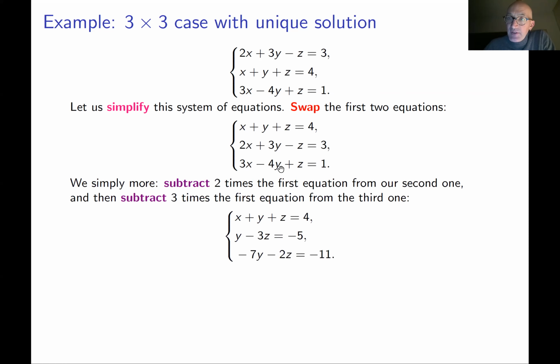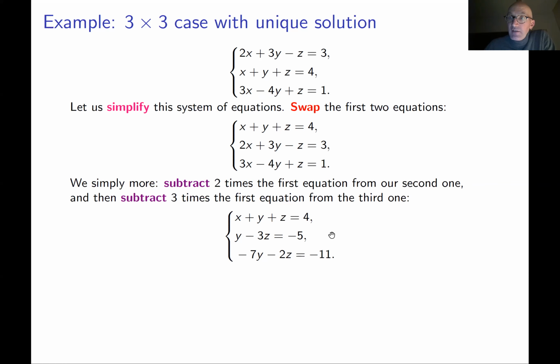If I subtract the first equation from the second, but multiplied by 2, I kill this term x. X disappears, and you get something like this. Similarly, if I take the first equation, multiply it by 3 and subtract from the third equation, I get this.